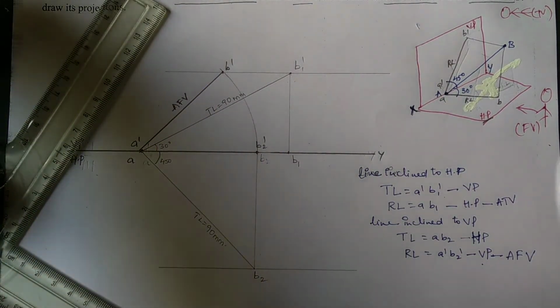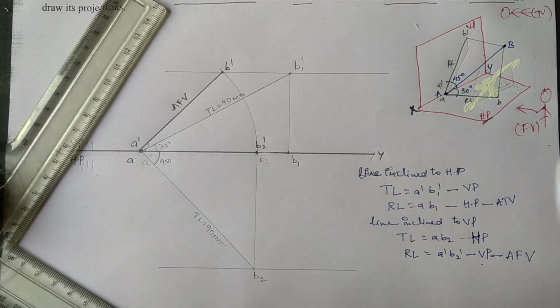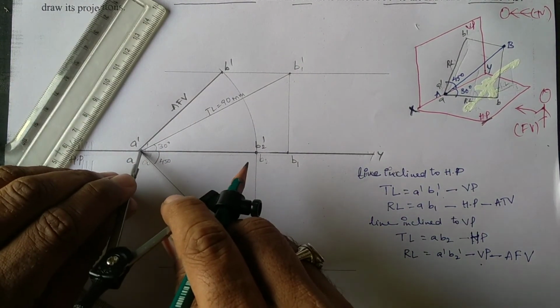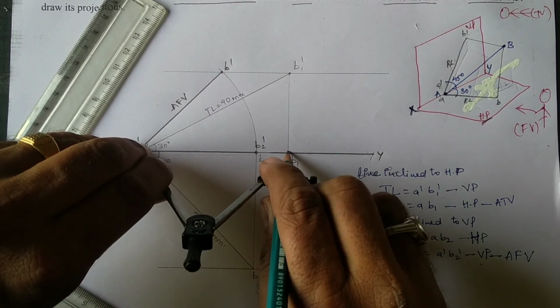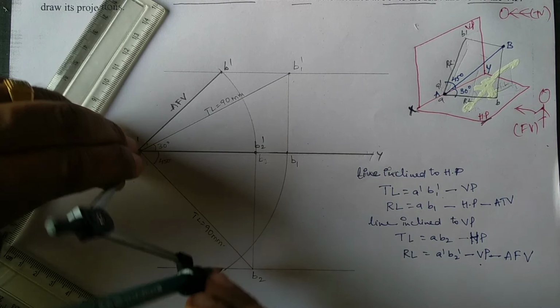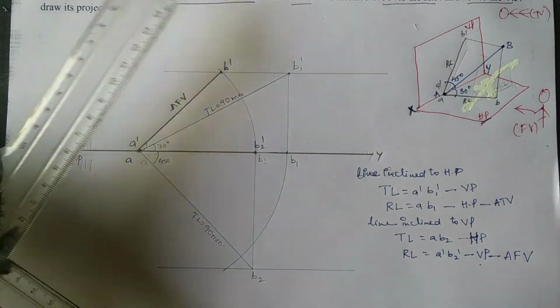Similarly, the reduced length in the horizontal plane is A, B1, which gives the actual top view. Now tilt this over here.